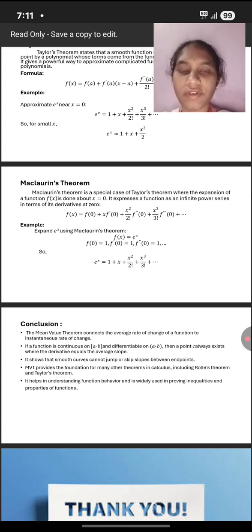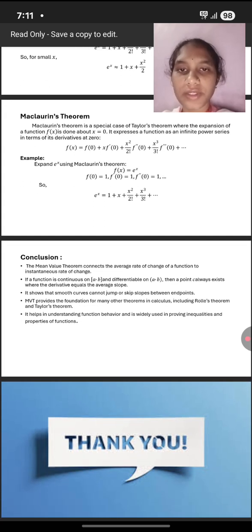It expresses a function as an infinite power series in terms of its derivatives at 0. f(x) = f(0) + f'(0)x + x^2/2! f''(0) + x^3/3! f'''(0) + ... Example: expand e^x using Maclaurin's theorem. f(0) = 1, f'(0) = 1, f''(0) = 1. So e^x = 1 + x + x^2/2! + x^3/3!.